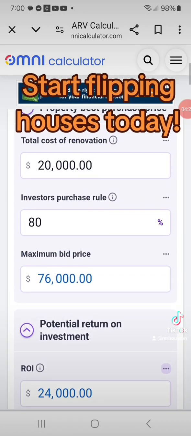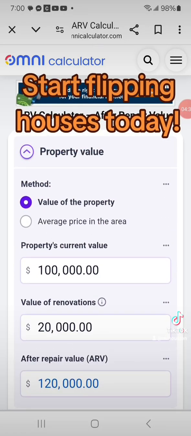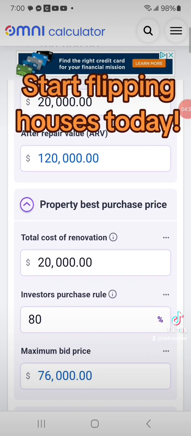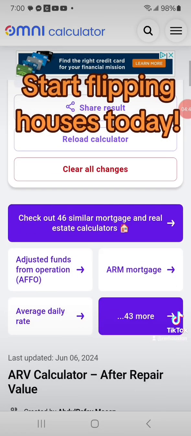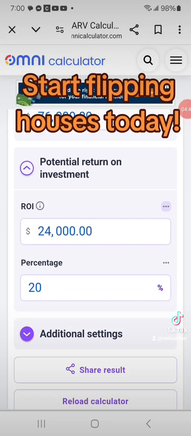So this is a really good calculator for anybody who has never flipped a house but is pretty much ready to go out there and flip one. You do not have to be afraid, because at the end of the day, even if you end up with a house that is 20% off, which is 24,000, or even if you end up just breaking even, you can always rent that house, let it grow equity, and then sell it.